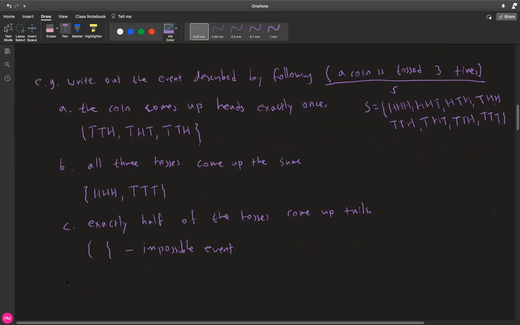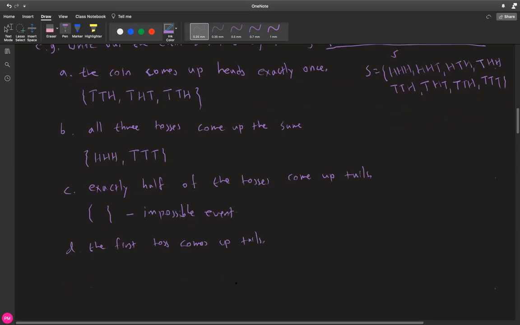Let's look at one more. The first toss comes up tails. So we're only looking at the first toss. As long as the outcome starts with T, that's what we're interested in.